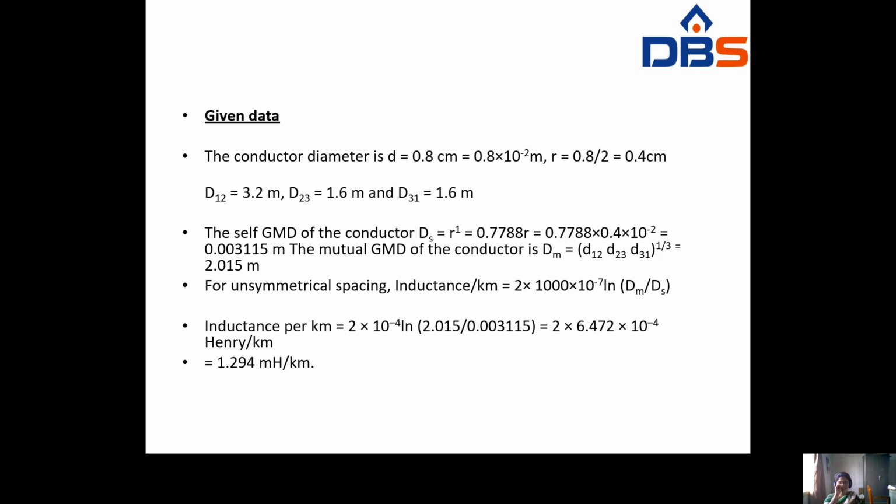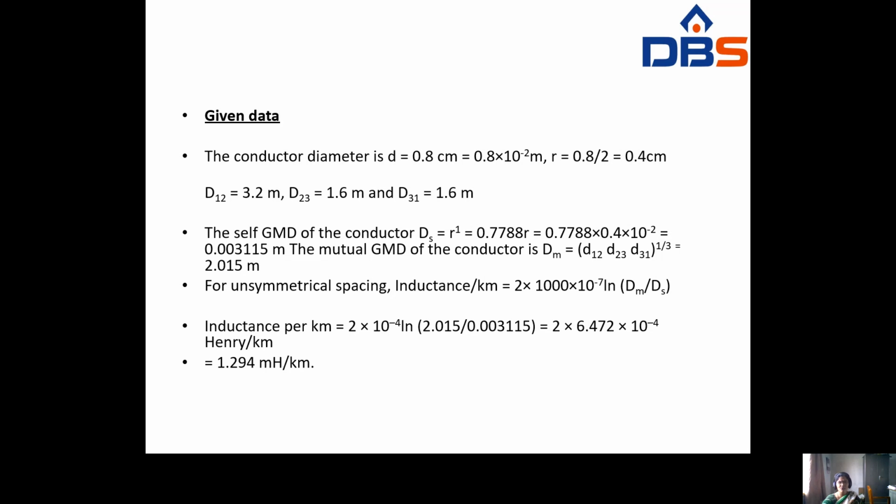So what is the self GMD? Either for symmetrical or unsymmetrical spacing, the formula to find the self GMD value is the same. The self GMD of the conductor, Ds equal to r dash, is equal to 0.7788 r.